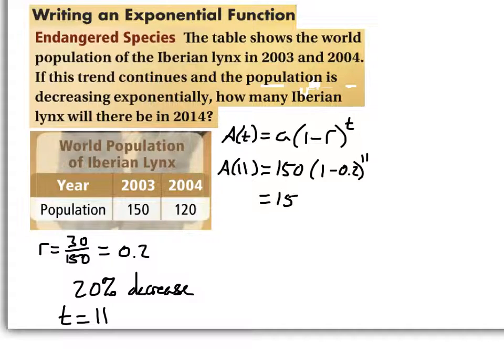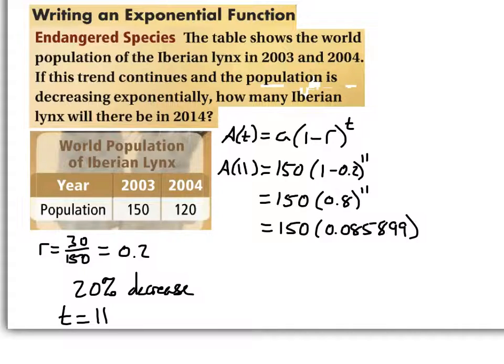Doing a little simplification here, we get 150 times what? What is 1 minus 0.2? 0.8 to the 11th power. So, on your calculator, you've got to take 0.8 and raise it to the 11th power. What do we get? 0.085899. We can stop at some point here. Let's stop at 99. Okay.